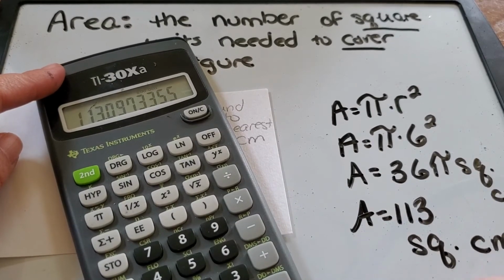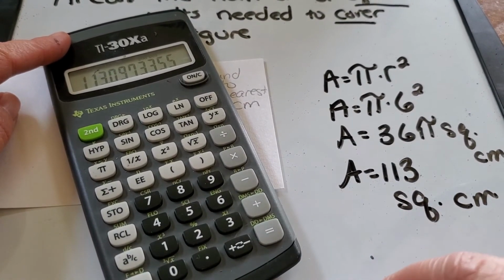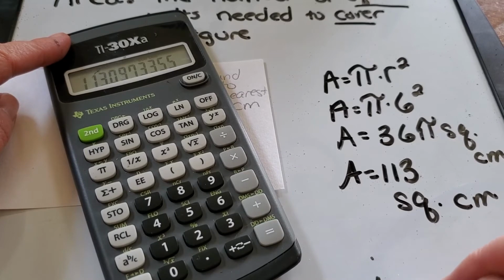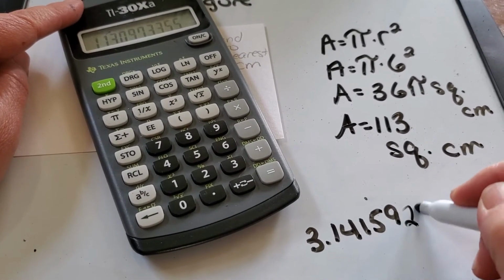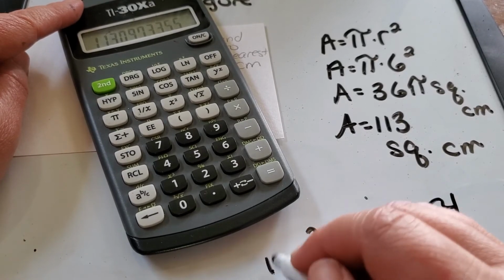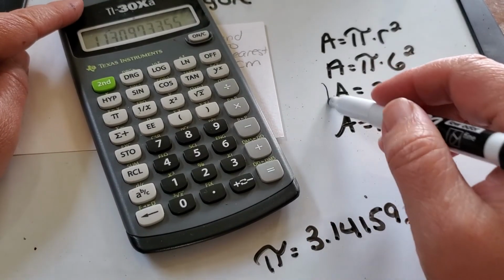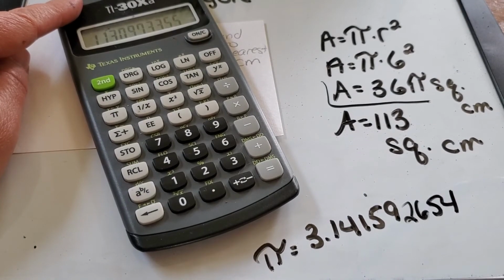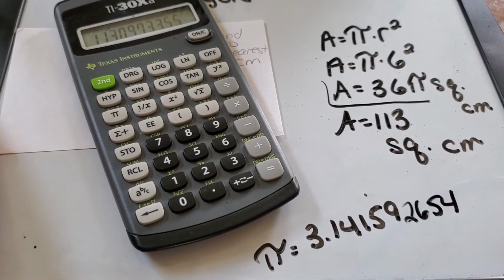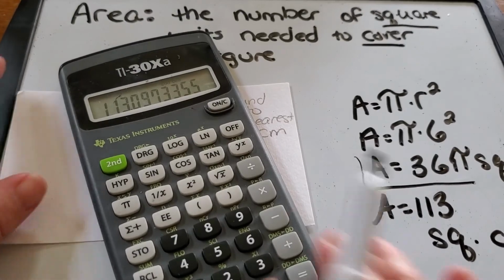Remember, if you don't have a pi button, pi is 3.141592654. So at this step, you could have punched in 36 times 3.141592654.